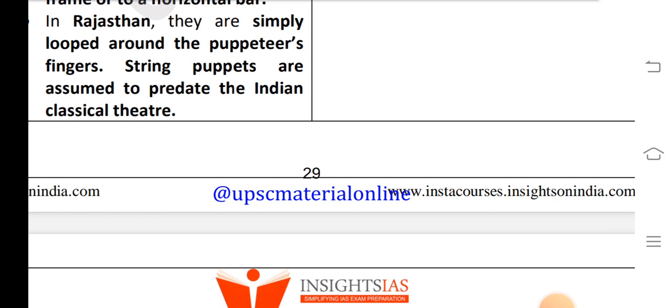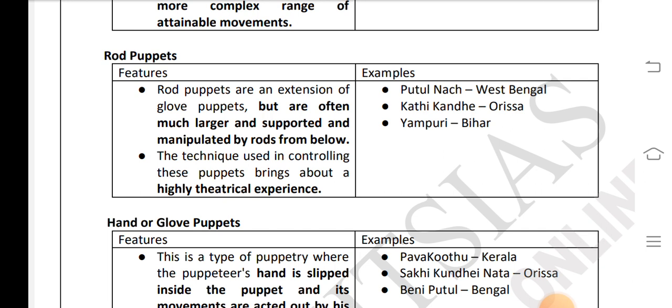The puppets are assumed to predate Indian classical theatre. The number of strings can vary according to tradition, and more strings translate into a more complex range of attainable movement.